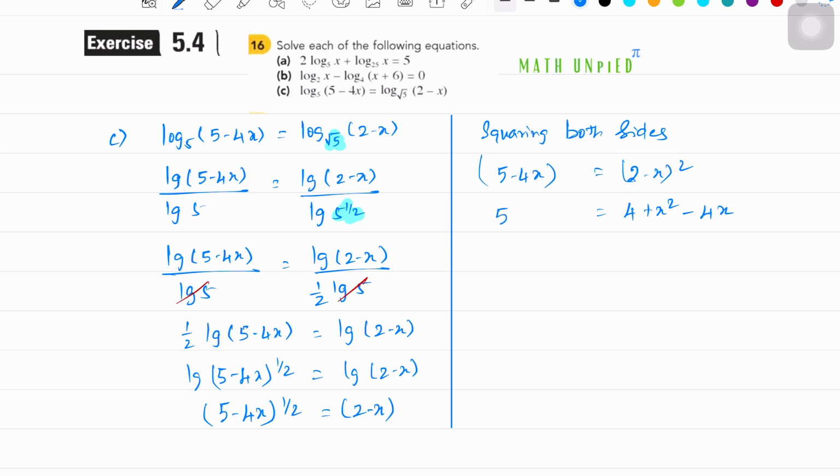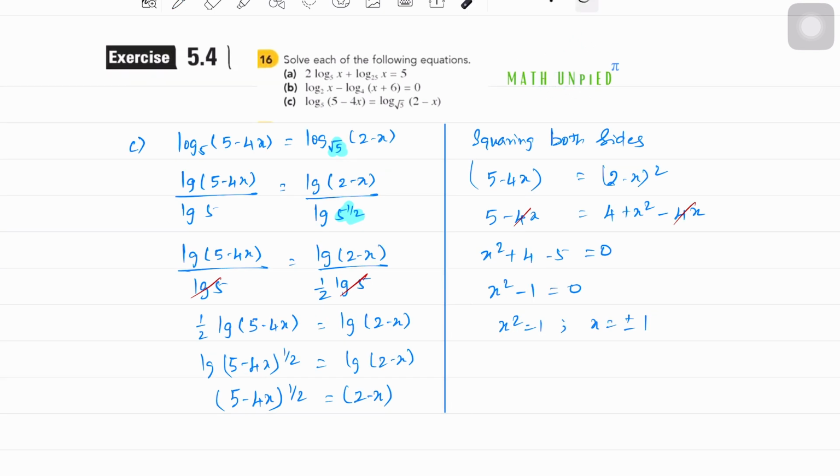This is 5 minus 4x. So after cancelling negative 4x and negative 4x, the remaining things we can rearrange. X squared plus 4 minus 5 equals 0, or x squared minus 1 equals 0, or x squared equal to 1, and therefore x equals plus or minus 1.